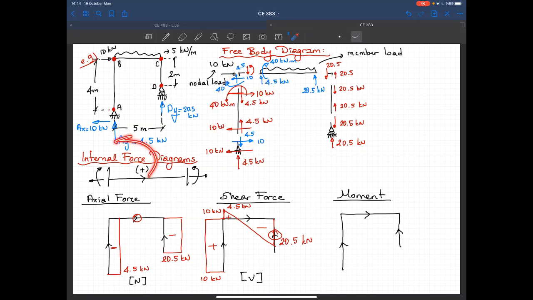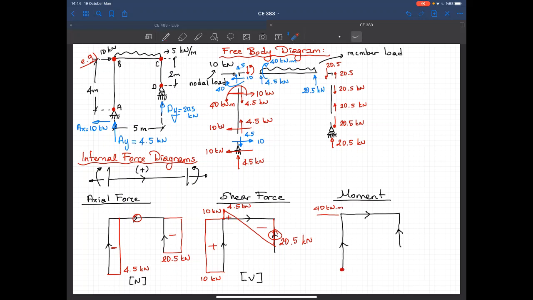I'm rotating that by 90 degrees, and this time the direction of the positive moment is as follows. And I'm comparing with this 40 kilonewtons. They are in the same direction. So at the top, I have a positive moment. A positive moment magnitude is 40 kilonewton meters. At the bottom, it's 0.